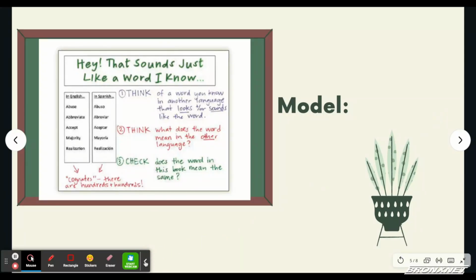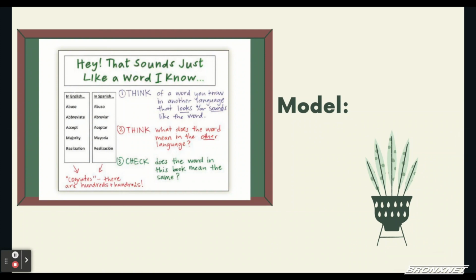Let's go over the steps that I took to identify the meaning of the tricky words. The first thing I did, I thought of a word I know in another language that looks or sounds the same. The second step, I asked myself a question: what does the word mean in the other language?